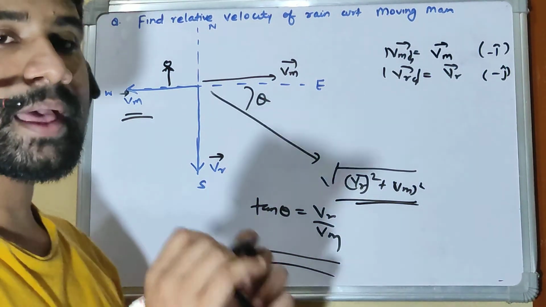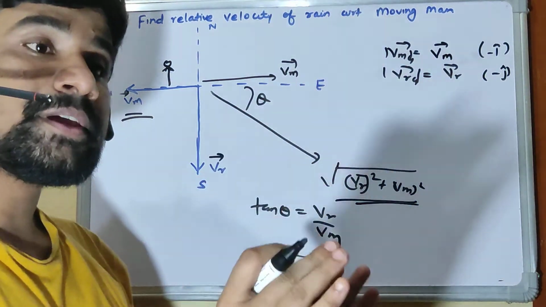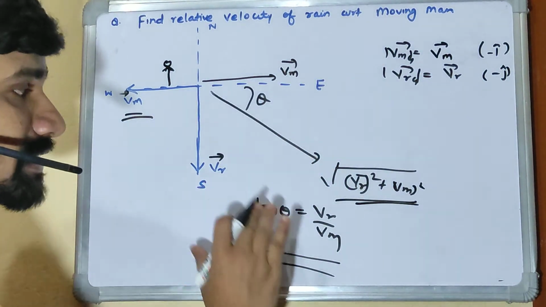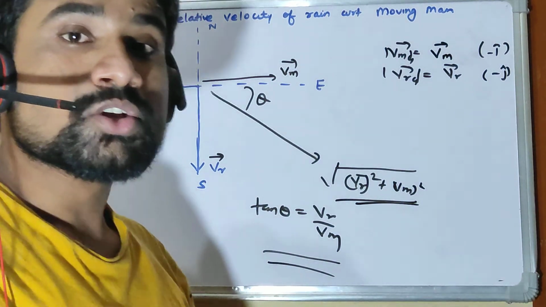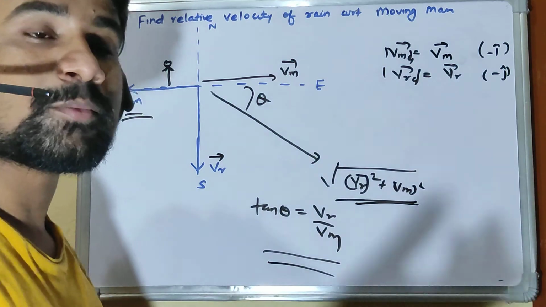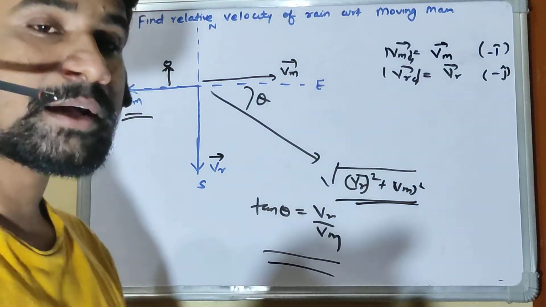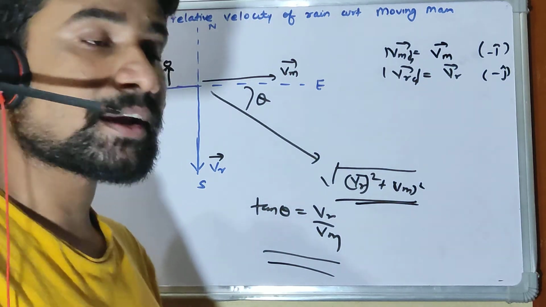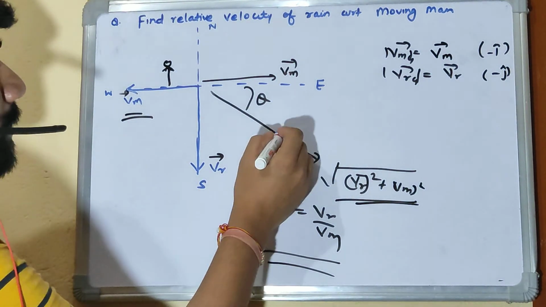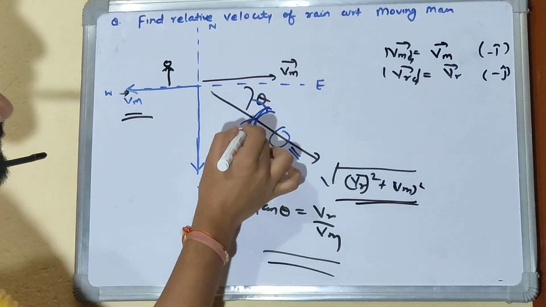Now for this man, the rain will appear to be coming at this angle and this velocity. So if he wants to protect himself from this rain, he will hold the umbrella at the same angle to not get wet. So this man needs to hold the umbrella, let's say this is the umbrella, at the same angle.